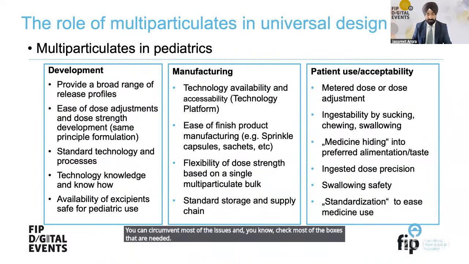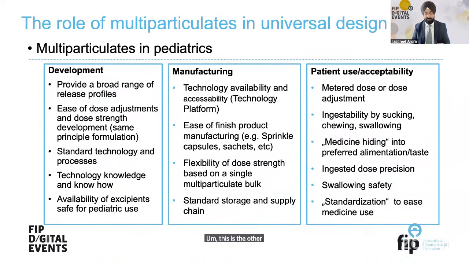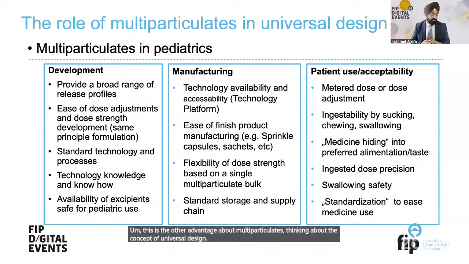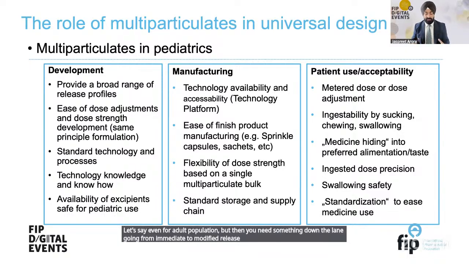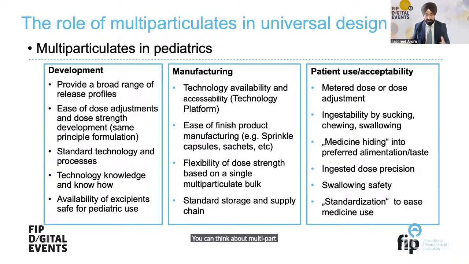This is the other advantage about multi-particulates, thinking about the concept of universal design. So if you are a sponsor trying to create a drug product, let's say even for the adult population, but then you need something down the lane going from immediate to modified release, or you need to have your pediatric plan, you can think about multi-particulates if it fits in your target product profile, which we'll talk about in the next slide.